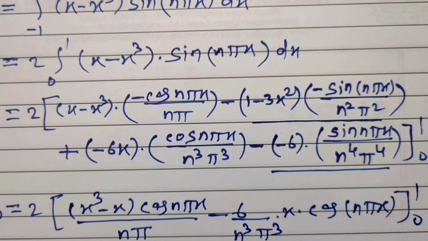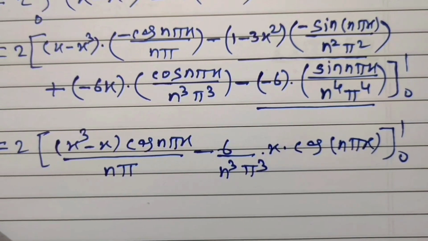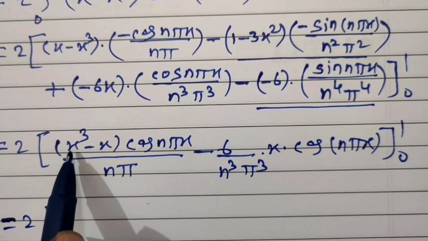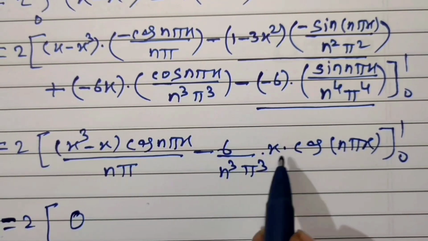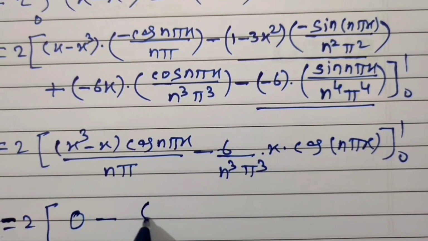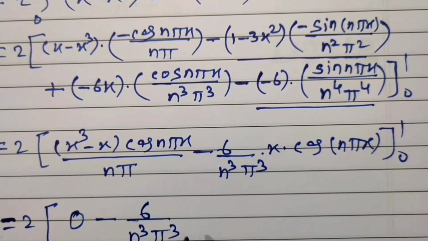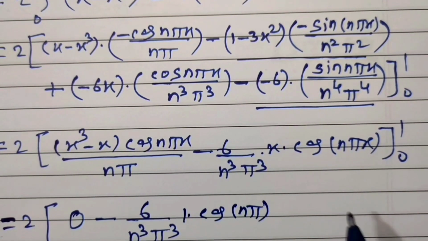First substitute the upper limit, means replace x by 1. So bn is equal to 2 into bracket 1 cube, that is 1 minus 1, that becomes 0. So this term becomes 0 minus this minus 6 upon n cube pi cube x is 1. So 1 into cos of n pi into 1 is cos n pi. Now substitute x is equal to 0.